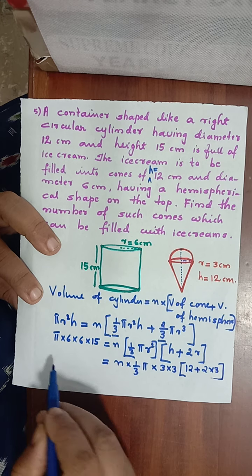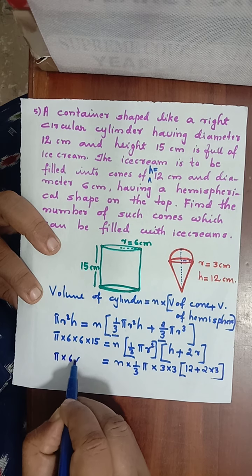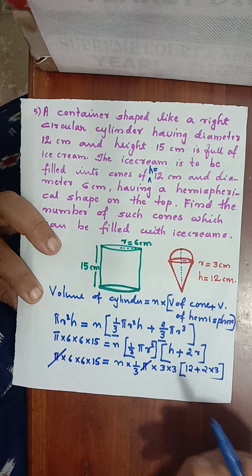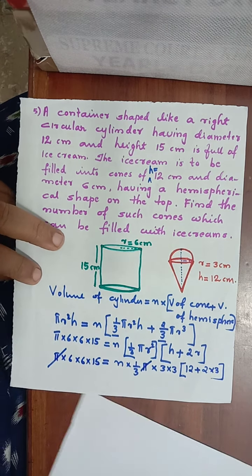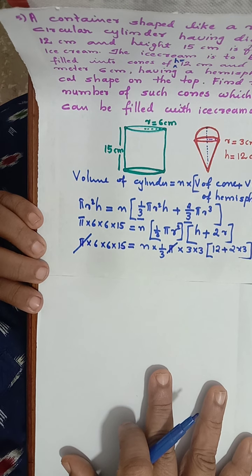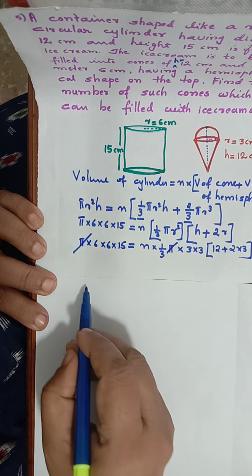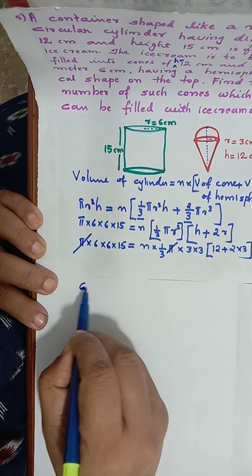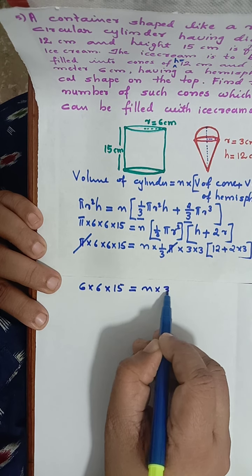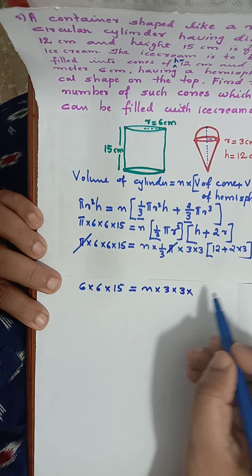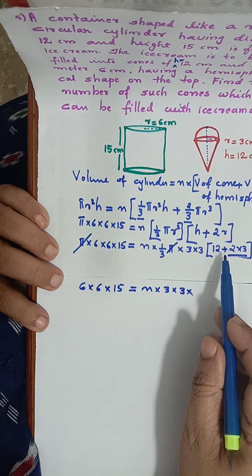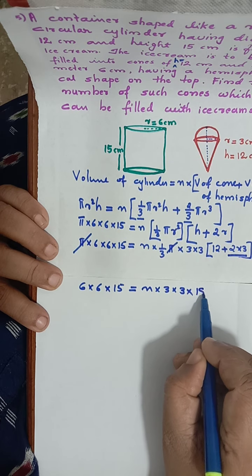So now it can be cancelled. Pi into 6 into 6 into 15, pi can be cancelled. So 6 into 6 into 15 equals n into 3 into 3, in bracket we have 3 twos are 6, 6 plus 12 is 18.